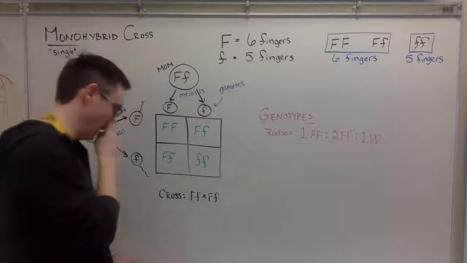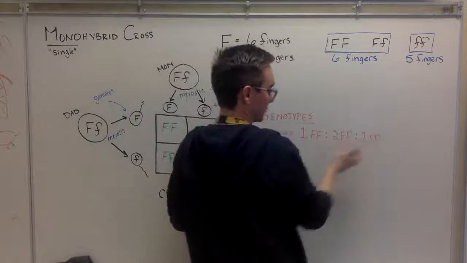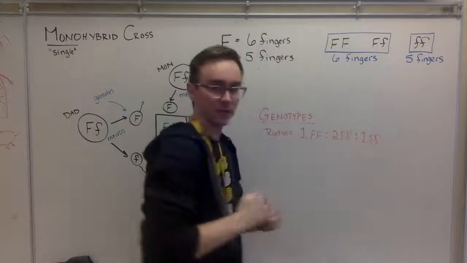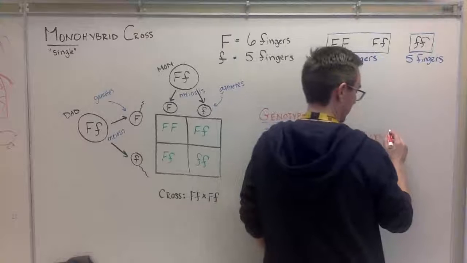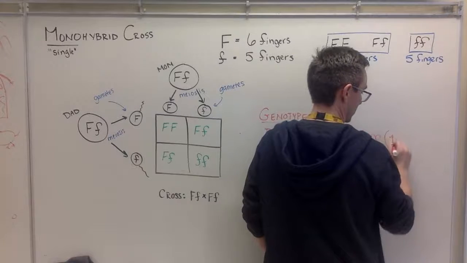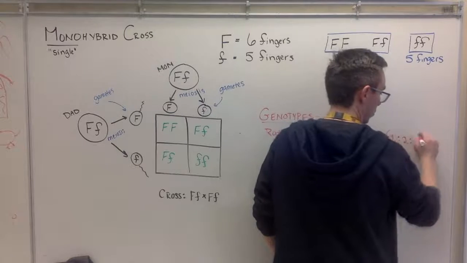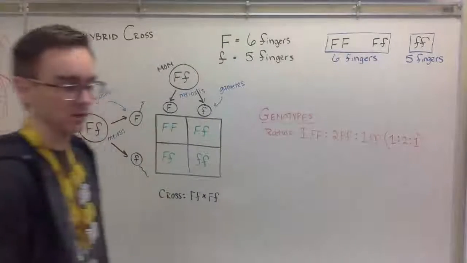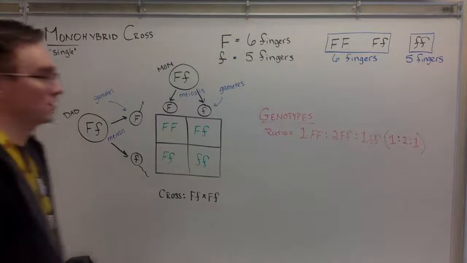We always do it in that format, going from most dominant to least dominant alleles. Another way to write that is a 1 to 2 to 1 ratio. That's the ratio that we got for the genotype, or the genotypic ratio.